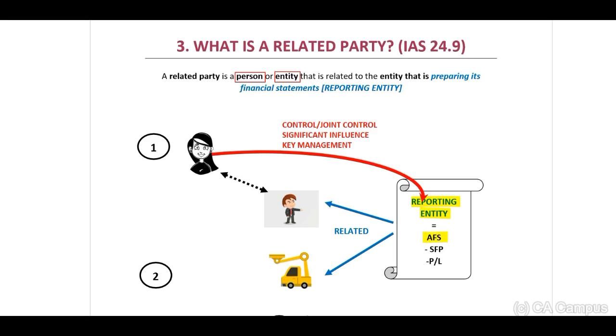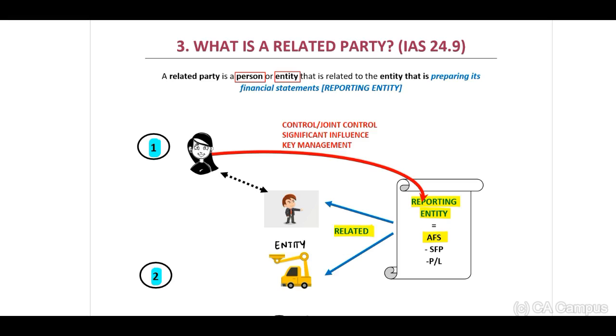The standard indicates to us that a related party can either be a person or an entity. And in this picture, we have a construction vehicle that will represent our entity that is related to the reporting entity.